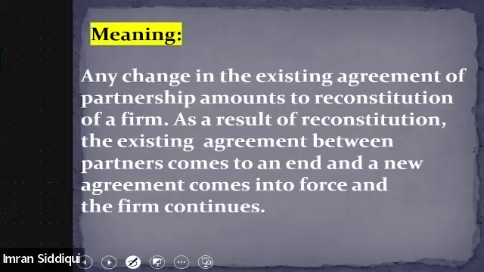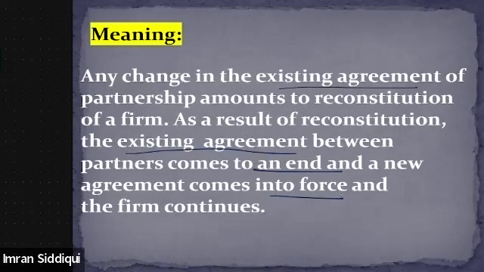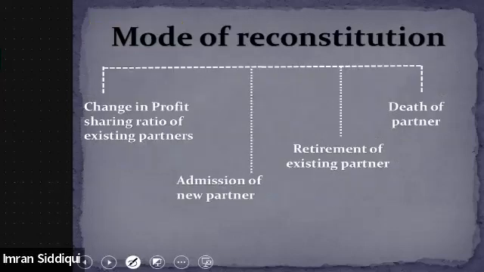Let's first start with the meaning. Any change in the existing agreement of partnership amounts to reconstitution. As a result of reconstitution, the existing agreement between the partners comes to an end and a new agreement comes into force. Now the question arises, what are the various modes of reconstitution? What are the factors of reconstitution? These are the various factors of reconstitution that we need to cover from the accounting point of view.